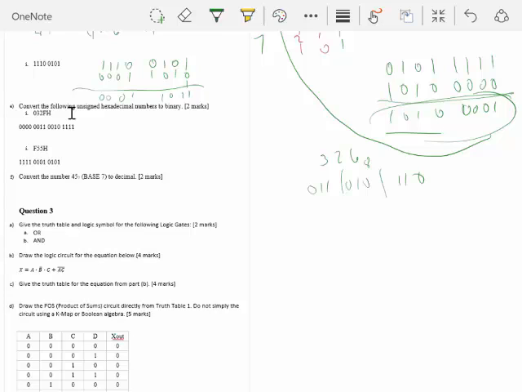Convert the number 45. Almost everyone got that one right, actually. That is simply going to be 4 times 7 plus 5, and that looks like it's 32, right?